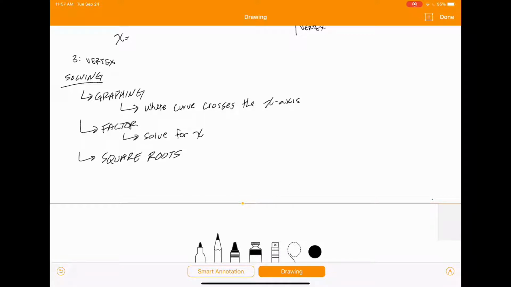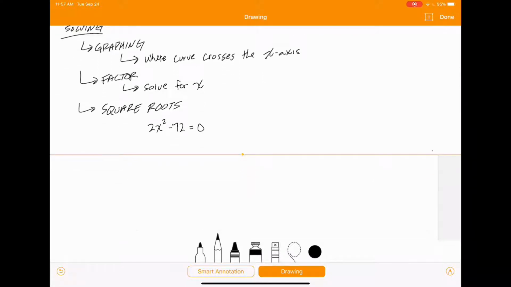And this would happen when you had something along the lines of 2x squared minus 72 equals 0. And you're asked to solve for x. So of course you're going to want to isolate x. So we're going to add 72 to both sides.